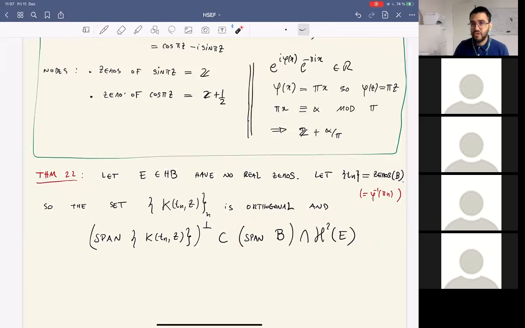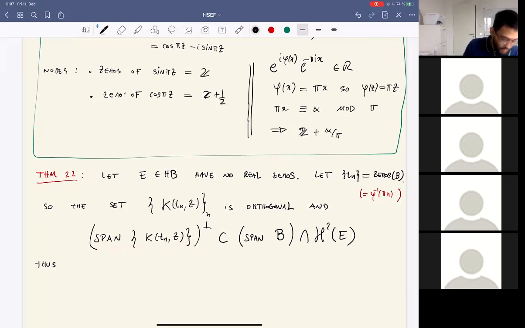If B is a function in the space, then of course this span would be just a span of this function, so multiples of the function B. If B is not a function in this space, then when I intersect, I just get 0. And therefore the orthogonal complement of this set is trivial, which means that this spans the whole space. So let me write that.